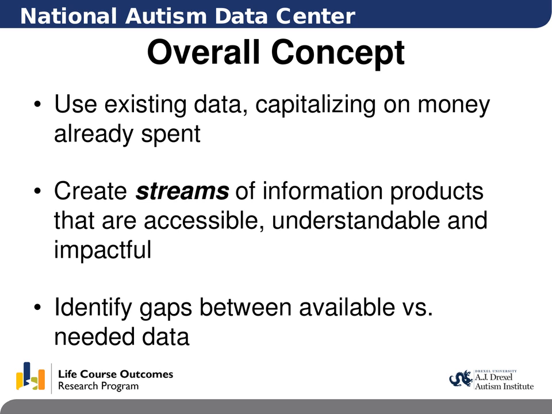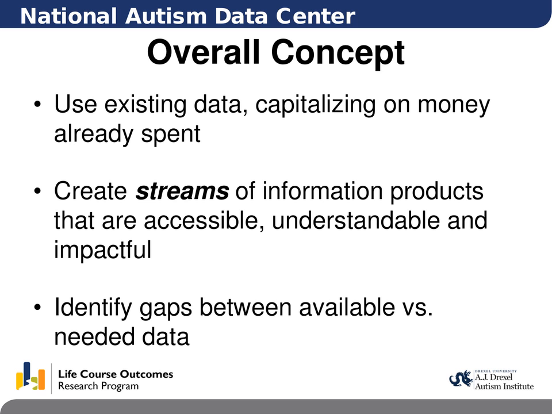The overall concept is we do very little in the way of what's called original or primary data collection, whereas many autism research centers and programs focus on extensively going out and interviewing families and doing clinical assessments of people with autism.